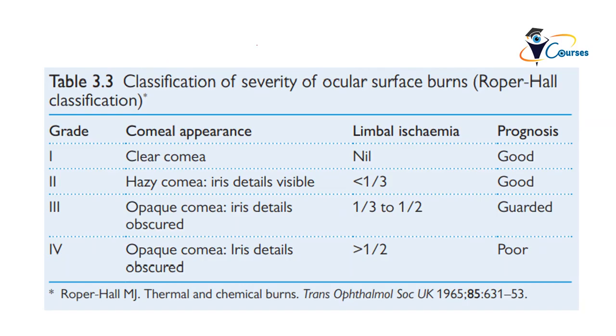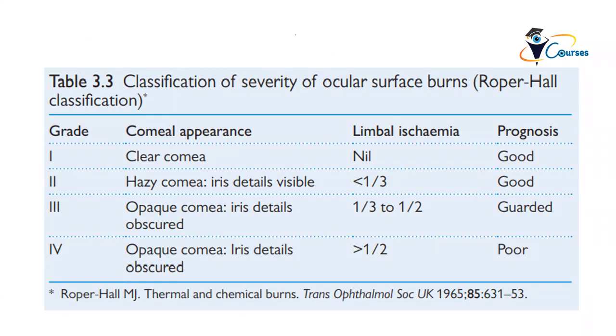Grade 1 is a clear cornea with no limbal ischemia, so it has a good prognosis. Grade 2 is a patient with a hazy cornea and the iris details visible, so I can see the iris below the cornea, and there is less than 1/3 limbal ischemia, so it has a good prognosis.